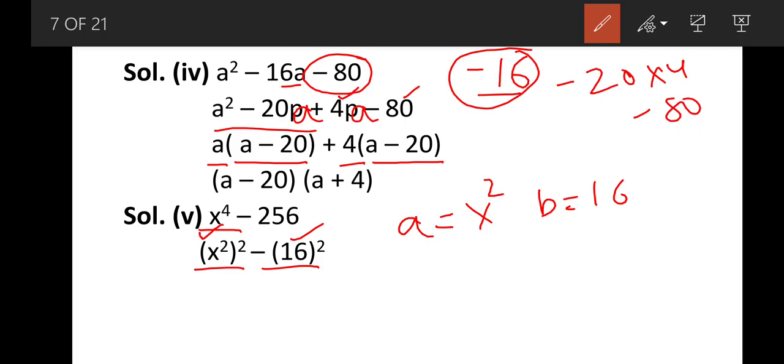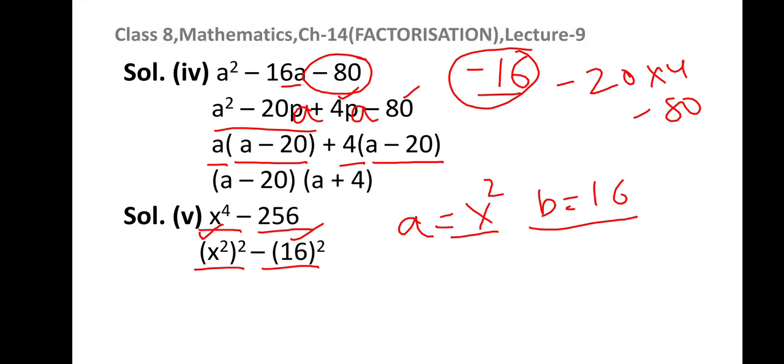So you are supposed to apply identity number 3. What I have done initially: x raised to the power 4 has been written as x square whole square, and 256 has been written as 16 square. Now here a is x square, b is 16. So I need to apply identity number 3 in this. So what is it equal to? a plus b, a minus b.